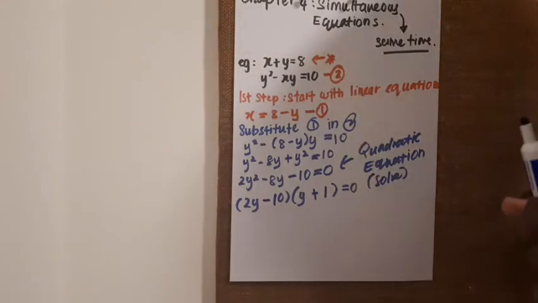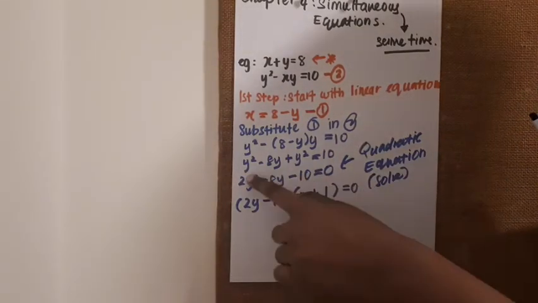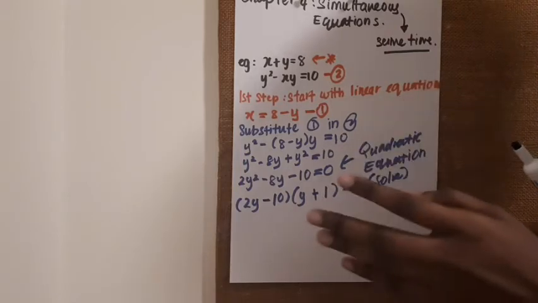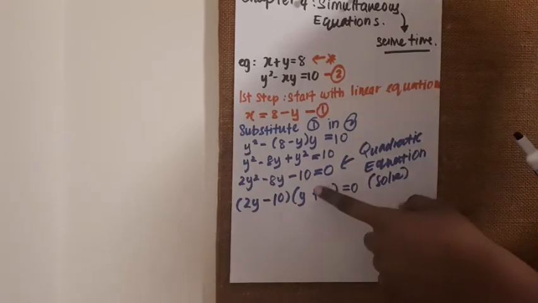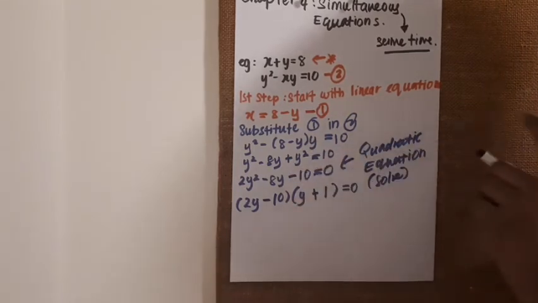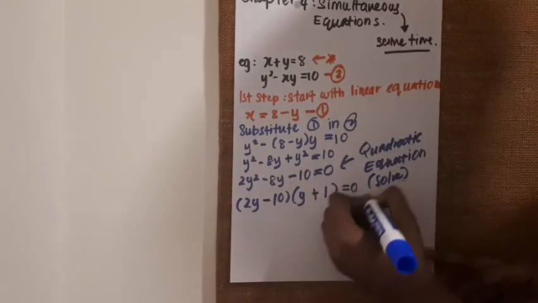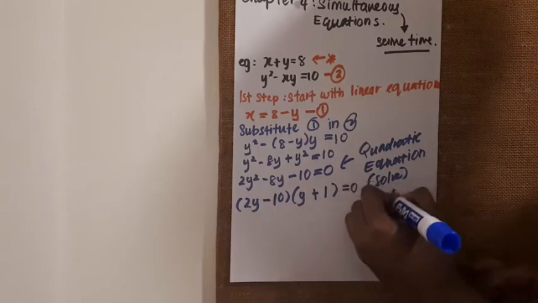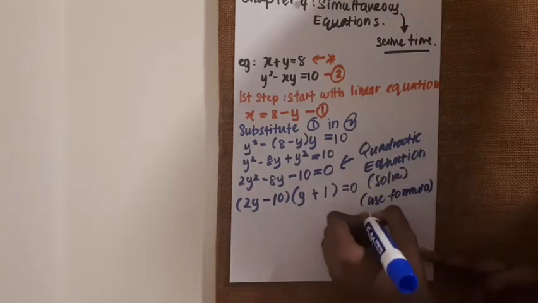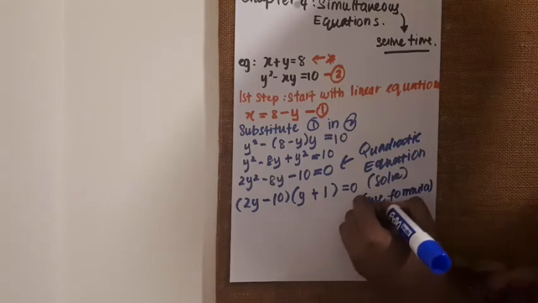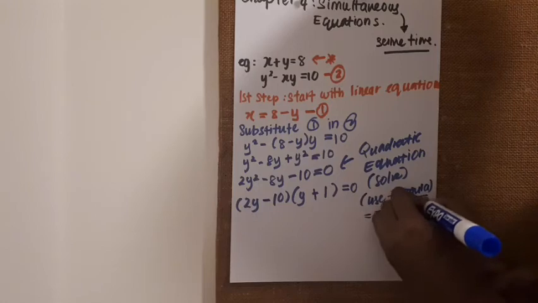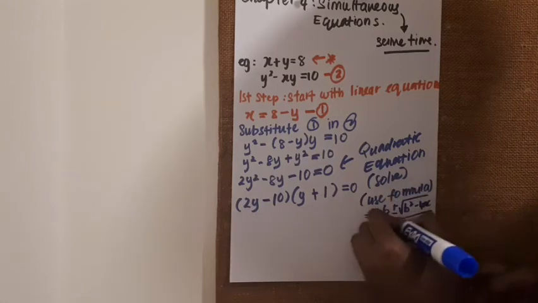But there's another method where you can use a shortcut, not a shortcut, but a simpler way to find what the roots might be. You can always use the formula from chapter 2, which is negative b plus minus the square root of b squared minus 4ac, over 2a.